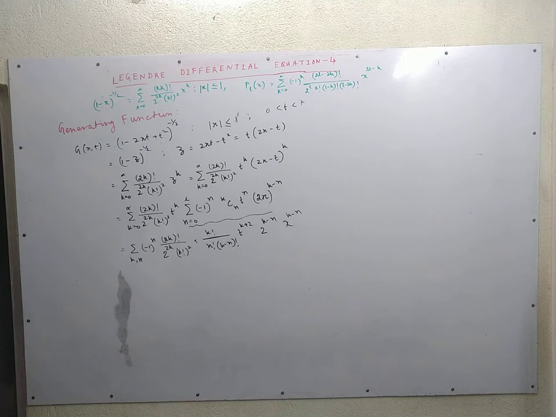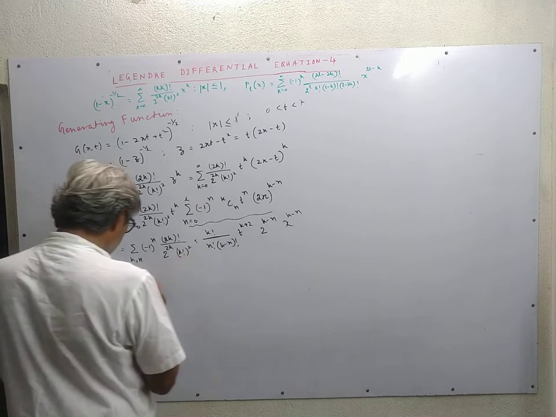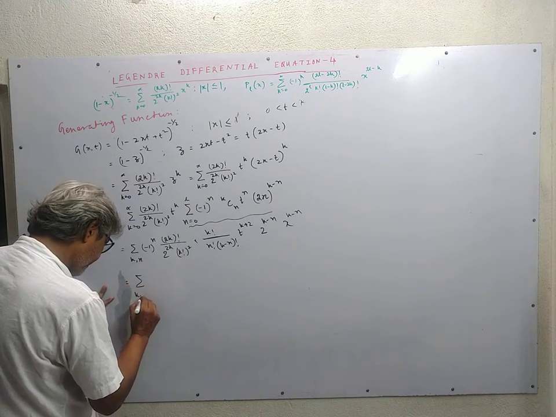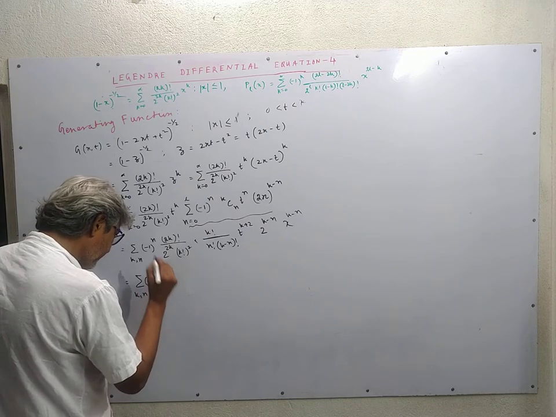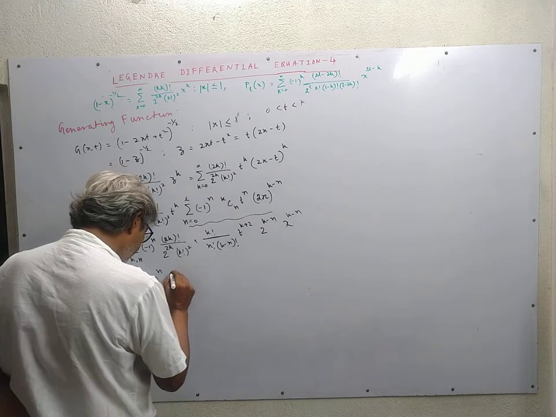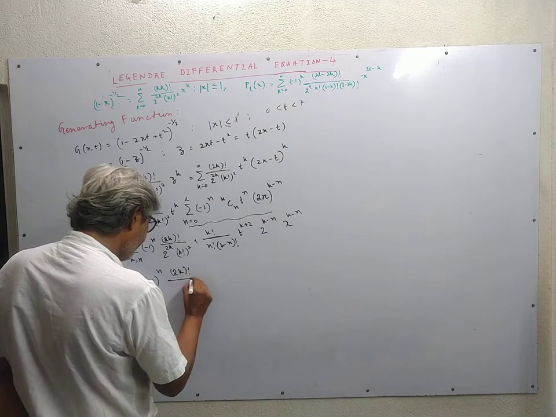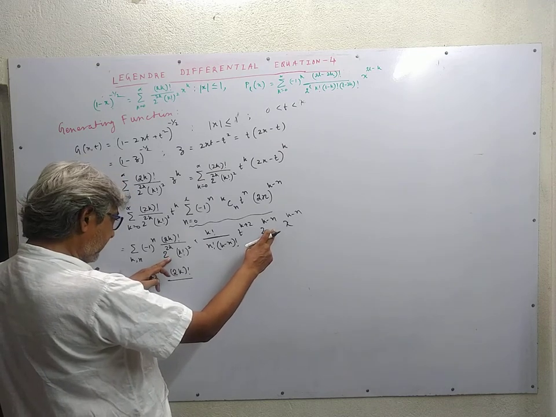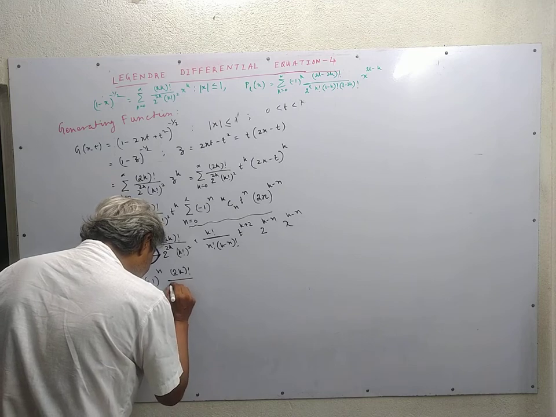Now this factorial k cancels with this, so we write it like this. If we adjust this one, the power goes, and this is 2 to the power k minus n.